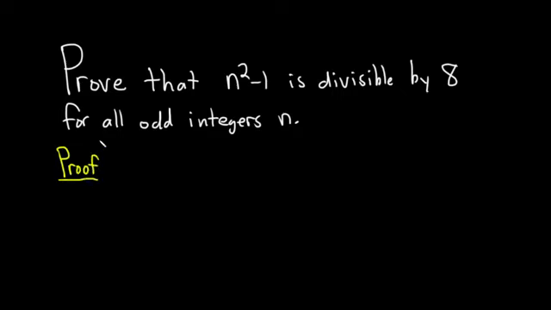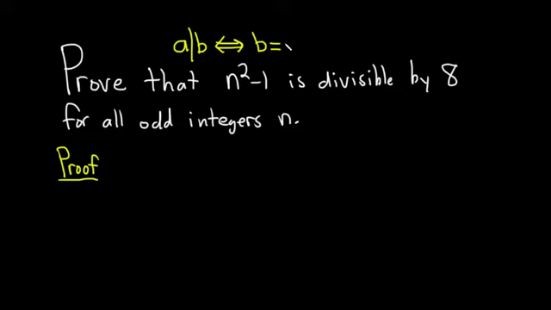Before we start the proof, let me briefly recall what it means for a number to be divisible by another number. We say that a divides b, or that b is divisible by a. This is equivalent to saying that b is a multiple of a.